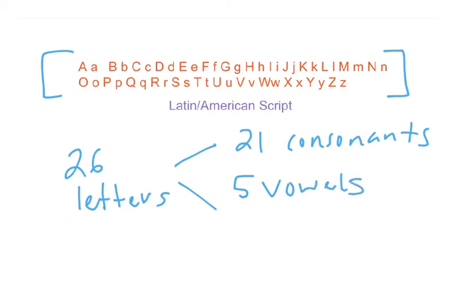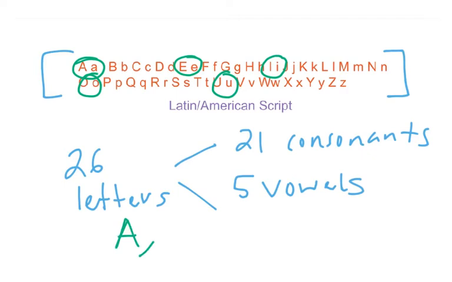Do you want me to point out which 5 of these letters are vowels? Of course, I'll do that for you. The vowels here are the A vowel, the E vowel, the I vowel, the O vowel, and the U vowel. 1, 2, 3, 4, 5 vowels.